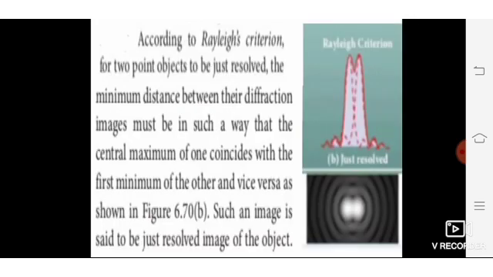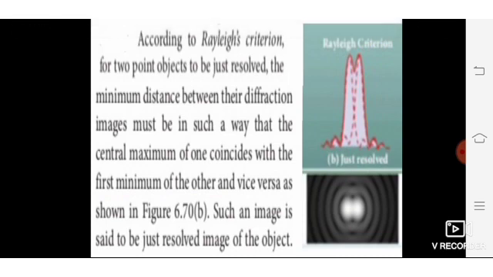According to the Rayleigh criterion, for two point objects to be just resolved, the minimum distance between their diffraction images must be such that the central maximum of one coincides with the first minimum of the other, and vice versa, like this.